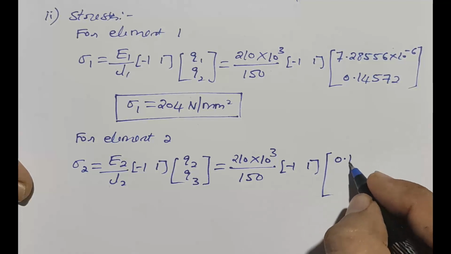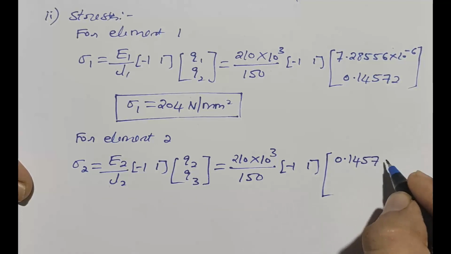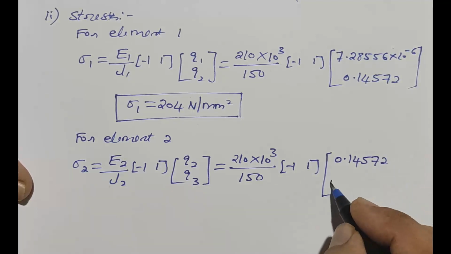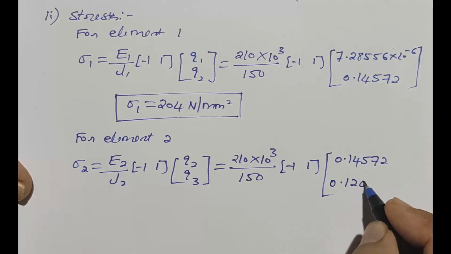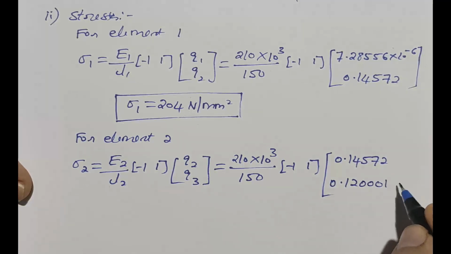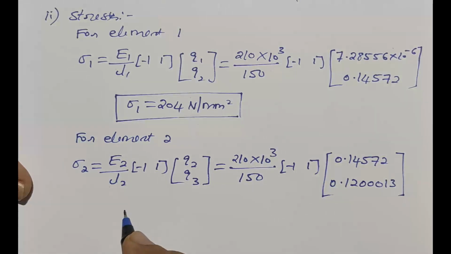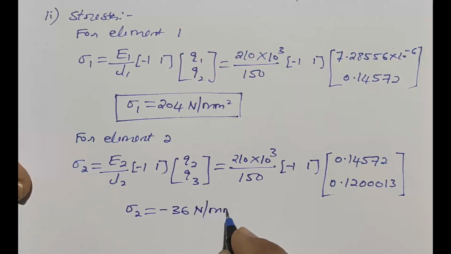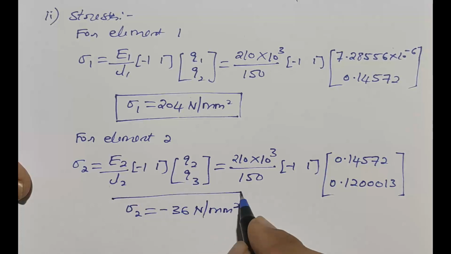Q2 is 0.14572. Q3 is 0.1200013. If you simplify this, we will get sigma 2 is equal to minus 36 Newton per mm square. This is stress in second element.